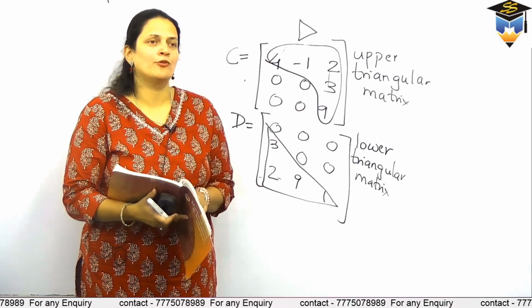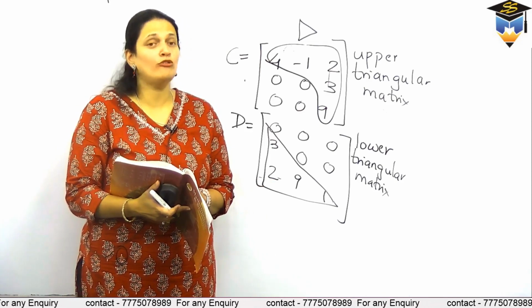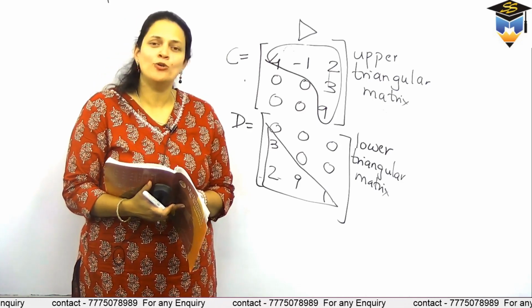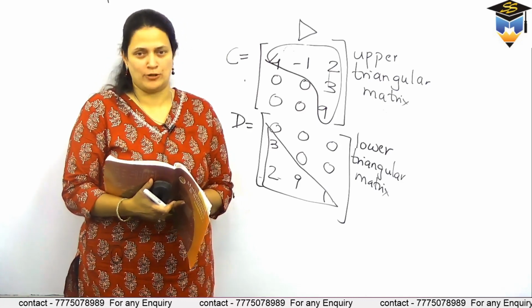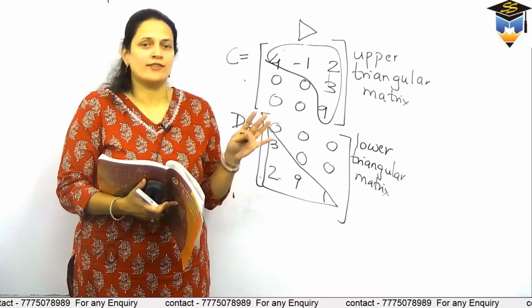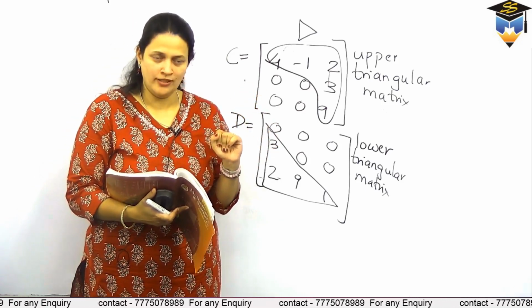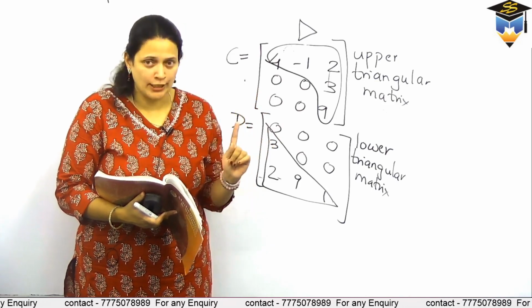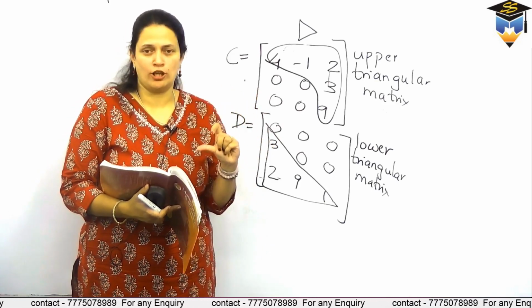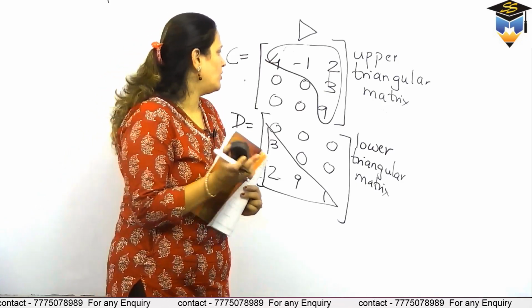Now, today I am going to teach you how to form a matrix and how to find out the determinant of a matrix. Always remember, when we say determinant of a matrix, what is the meaning of determinant? That means the value of that particular matrix. Let me give you an example.